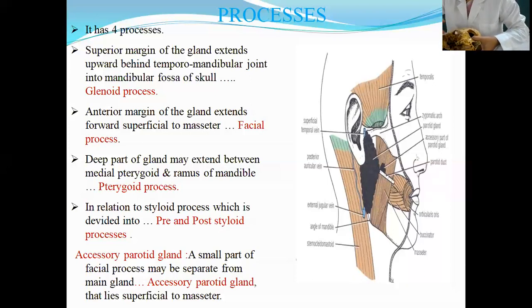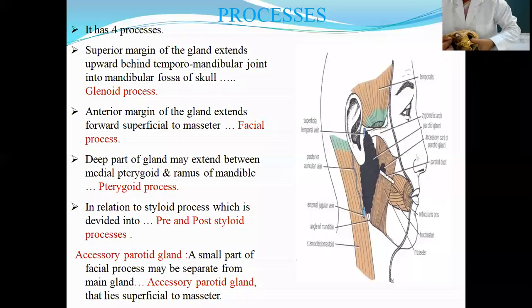So the mandibular fossa has an anteriorly articular part and a posteriorly non-articular part. What is the meaning of non-articular and why is it non-articular? Here you see the part of the parotid gland intervenes between this anterior and posterior parts. So the mandibular fossa is divided into anterior articular and posterior non-articular, and in between we can see the projection of the parotid gland.